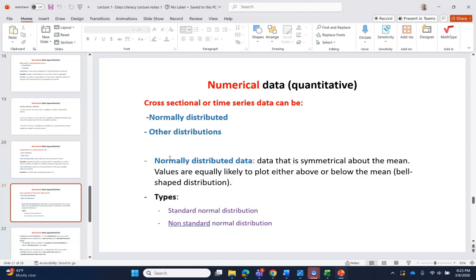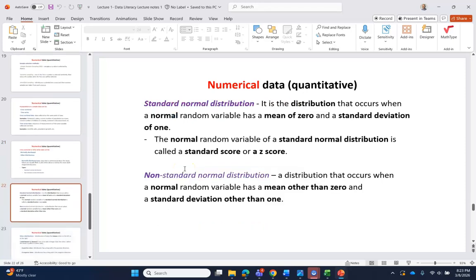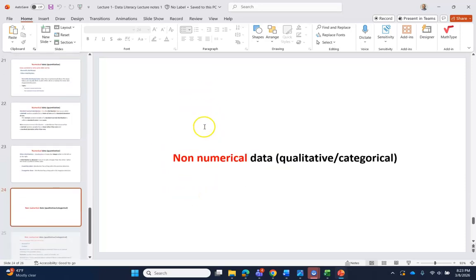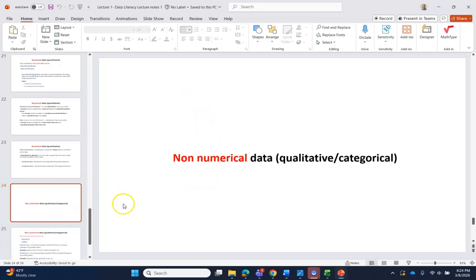And also we'll look at data which skews to the left or to the right. And we'll also learn why your data skews to the left or to the right, or when your data, if we put it in a table, looks symmetrical. So that's all with the numerical data.